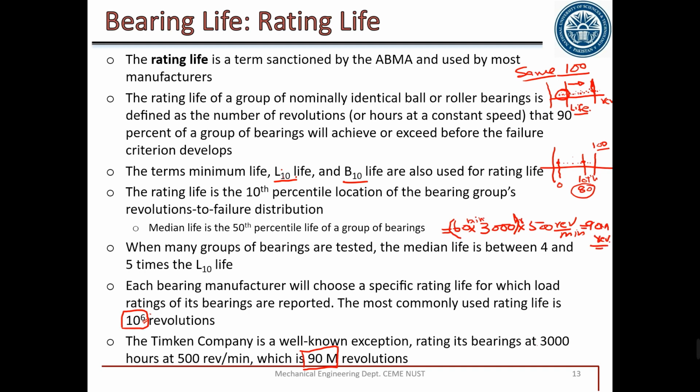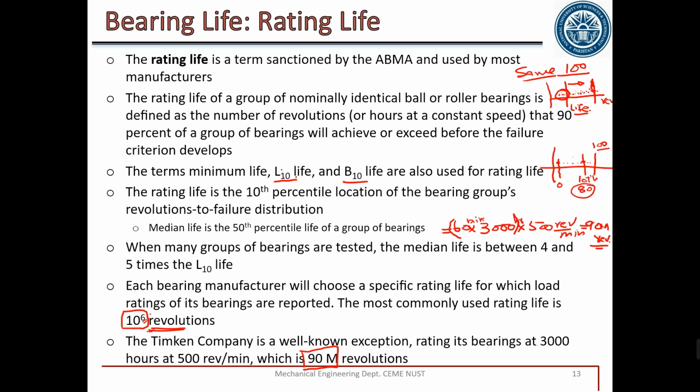So that's how a company designs their bearing. They fix the revolution, and according to that revolution they select the load of failure for that bearing. And what load? The load for which 10% of bearings fail at their desired revolution.